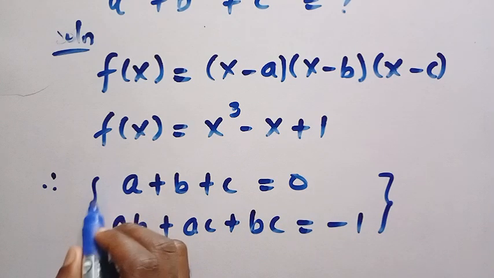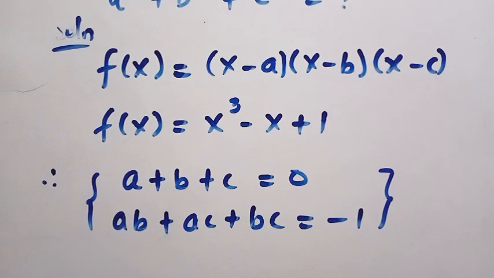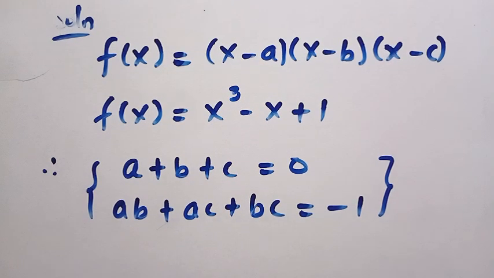These are the two we are going to consider, by Vieta's formula. Then I want to know what f of a is. As from the given conditions, f of a equals 0. I will not find everything; once I know f of a, I will generalize it and we get f of b and f of c.